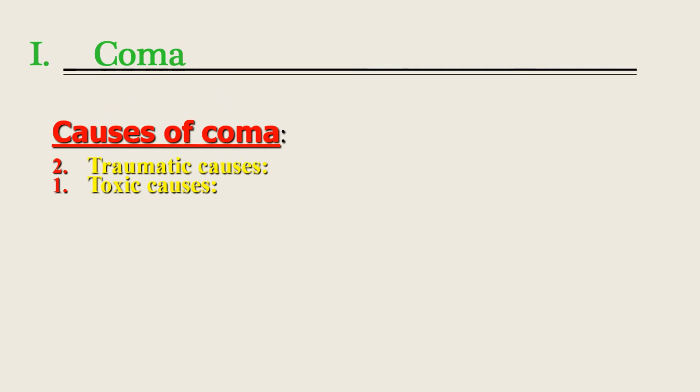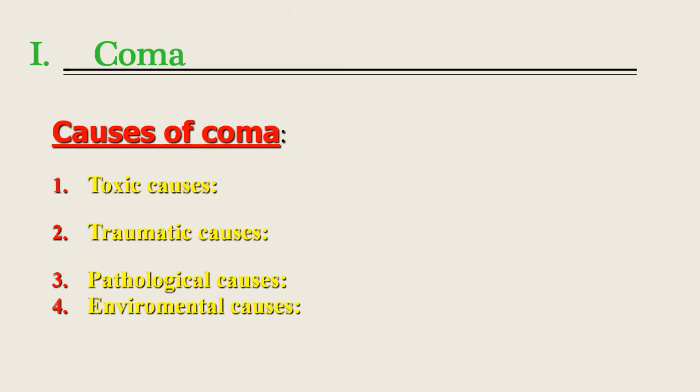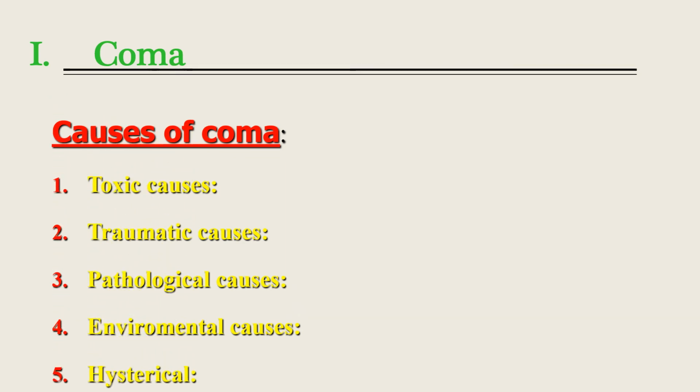Sure, we have another scale, which is the Glasgow scale, which depends on the verbal examination and motor examination and eye response, but this is very complicated and needs more practice. And we have very different causes of coma. We have toxic causes, traumatic causes, pathological, environmental, historical. So you should differentiate between different causes of coma.